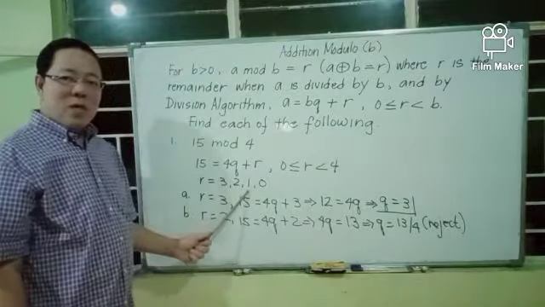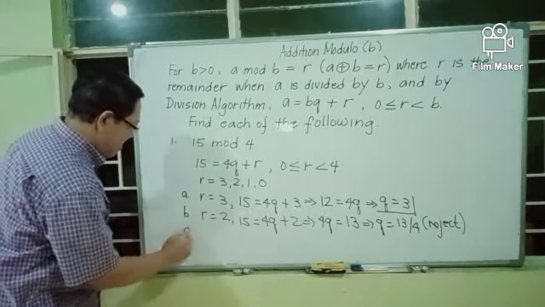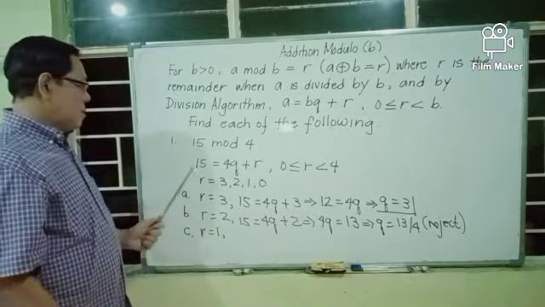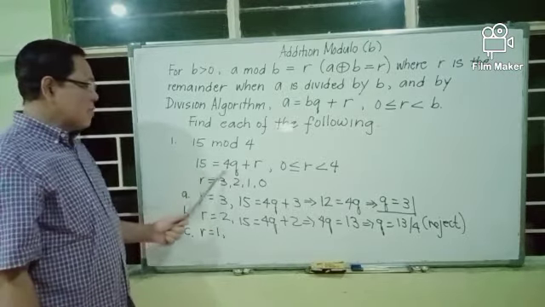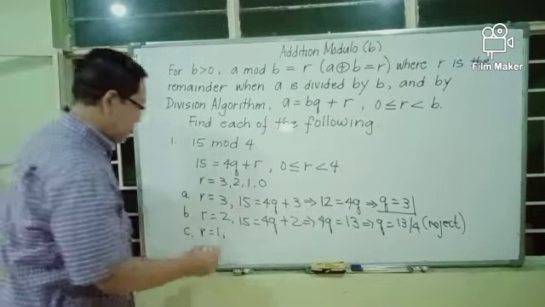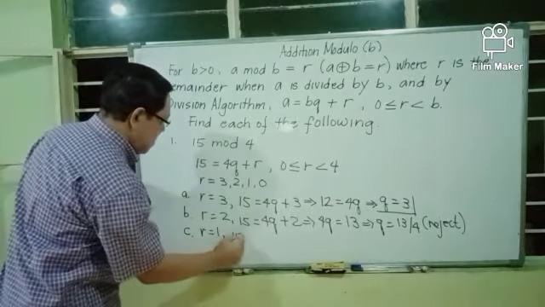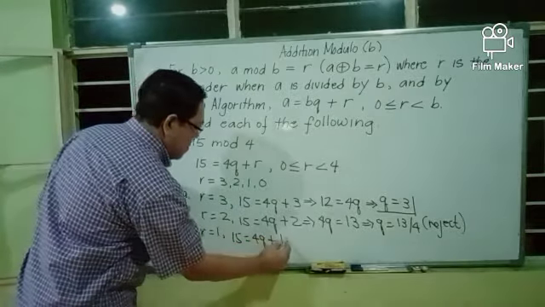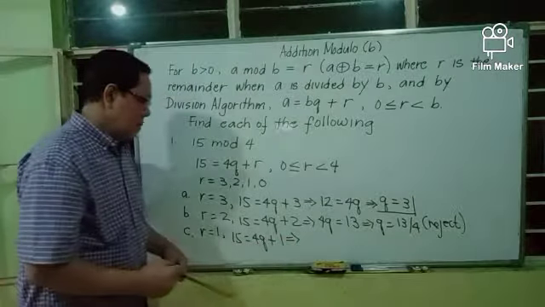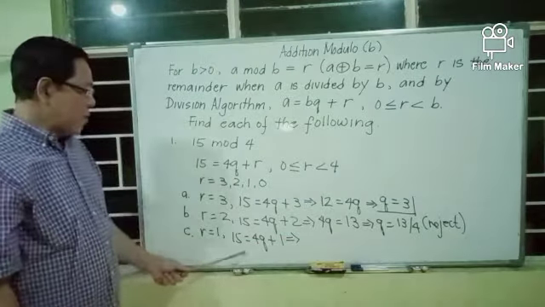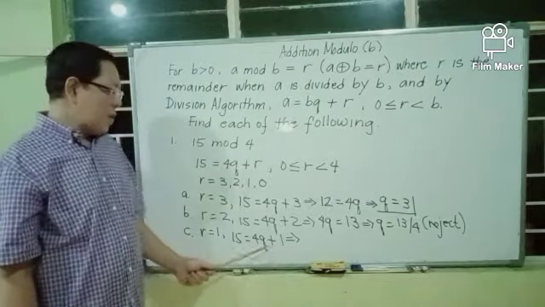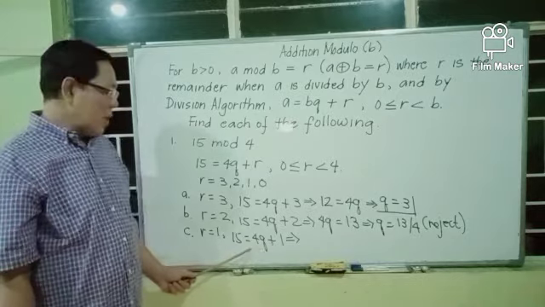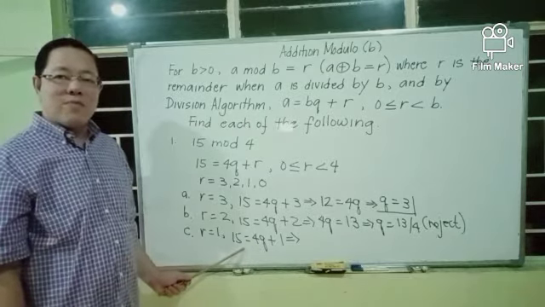If r is equal to 1, this equation becomes 15 equals 4q plus 1. And we solve for q from this equation. We transpose positive 1 to the left-hand side. At the right-hand side, we get 4q equals 15 minus 1, which is 14.